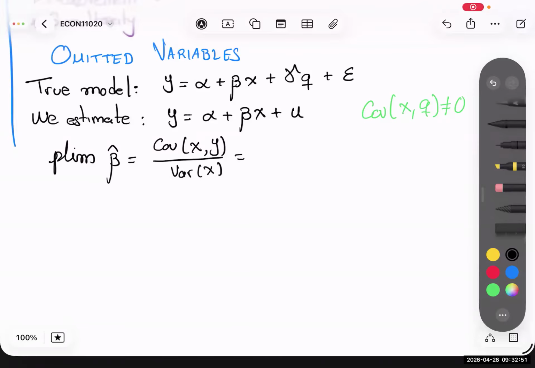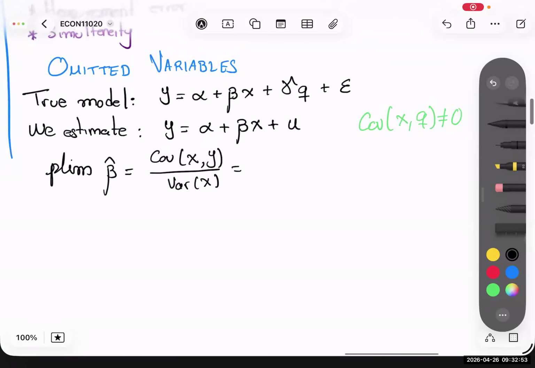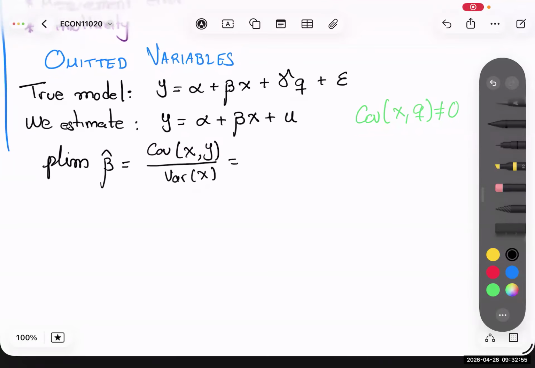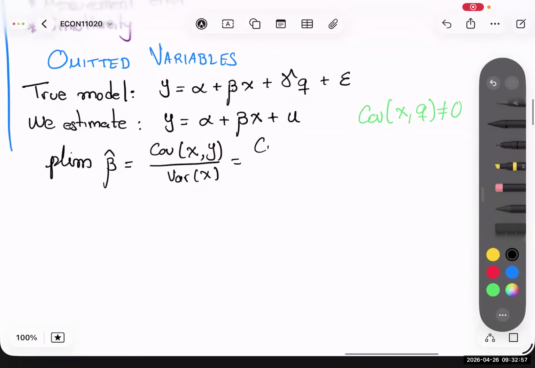Interestingly, we know the value of y. Actually, what we know is that according to the true model, y is in fact alpha plus beta x plus gamma q plus the error term.